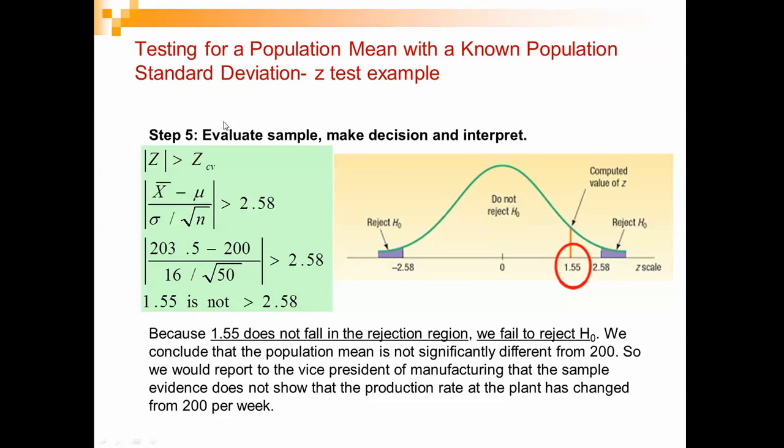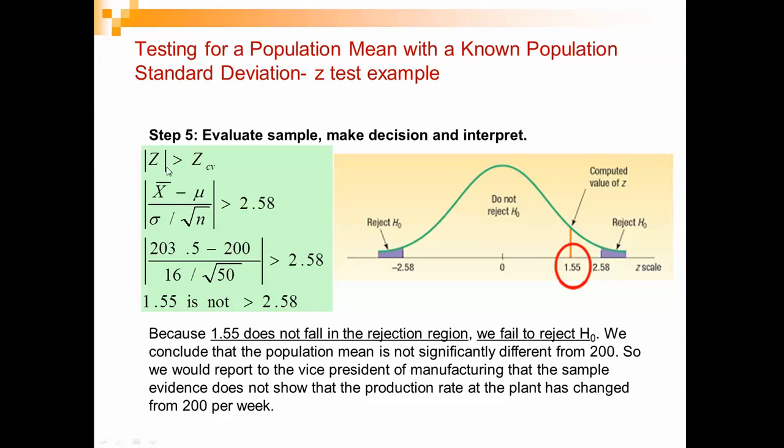So step 5, by the book, is evaluate sample, make decision, and interpret, which is helpful, but I find that adding a little bit more clarity helps people out in understanding it. So we calculate, again, our z statistic or z score based on our sample data.